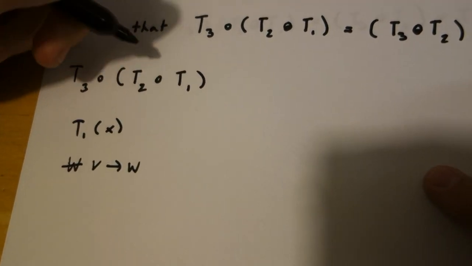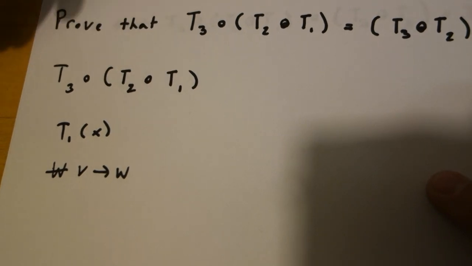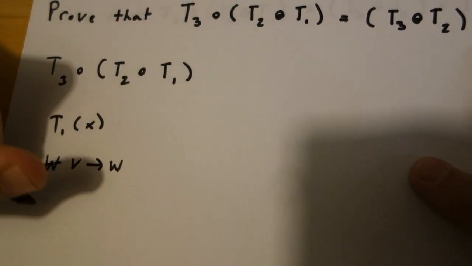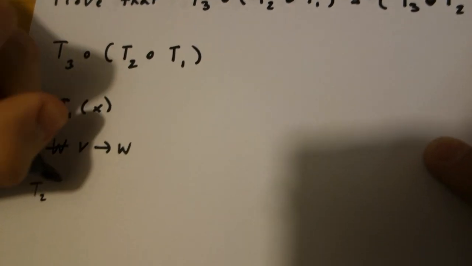But we're doing parentheses first because of PEMDAS, of course. So T2 composite T1. This is T1.